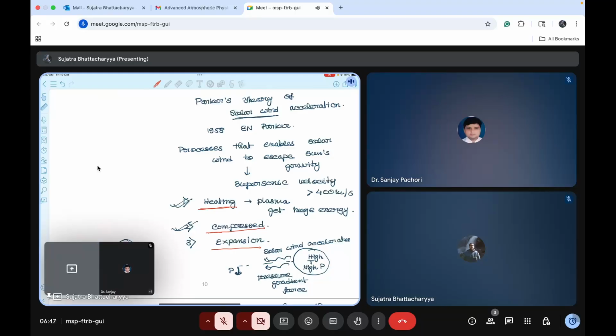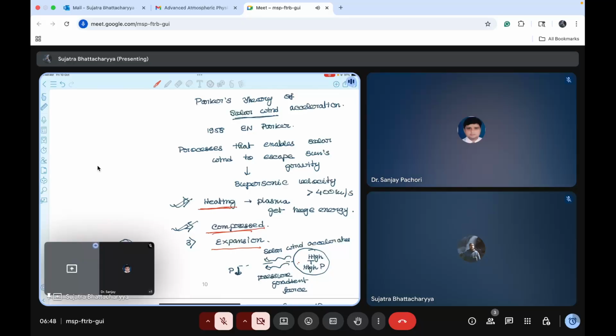Because of this pressure gradient, with high pressure near the sun and, as you go to say 1 astronomical unit near the Earth, the pressure decreases rapidly, the solar wind leaves and accelerates. So the solar wind is leaving the sun's gravity because of the heating and the compression effect, and it is accelerating because of this pressure gradient.